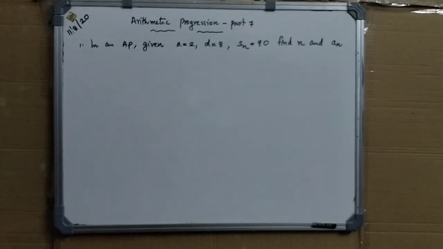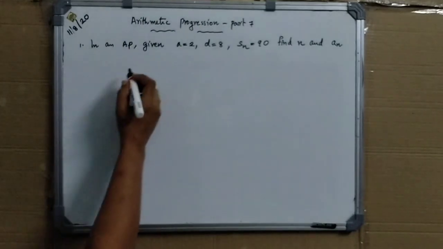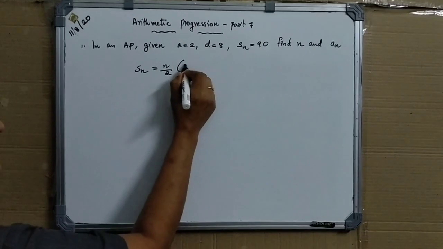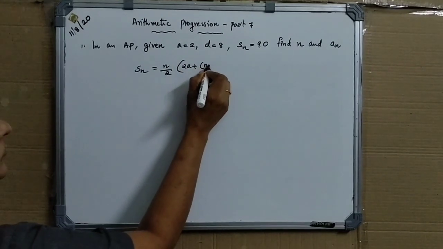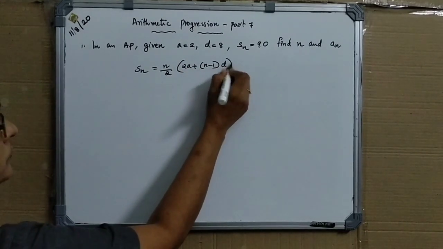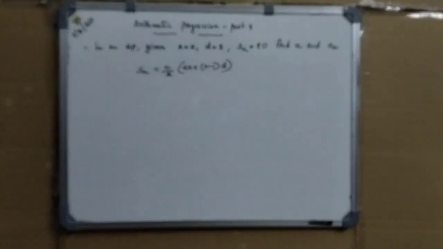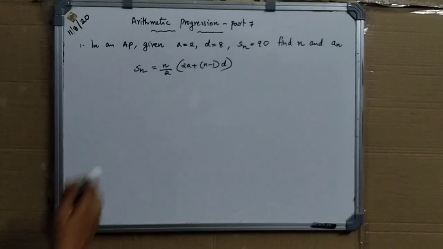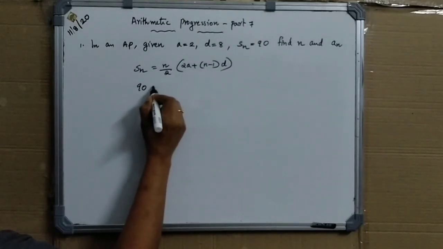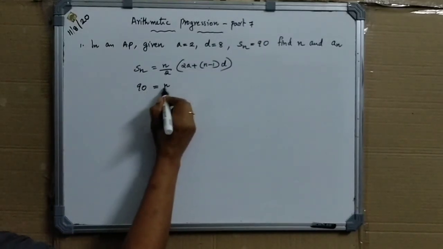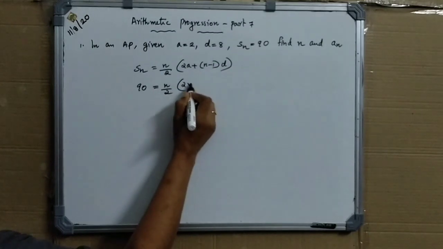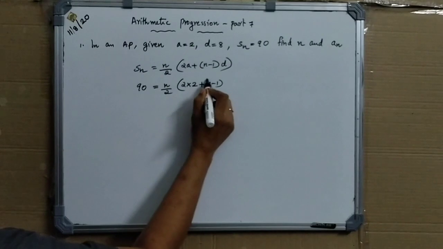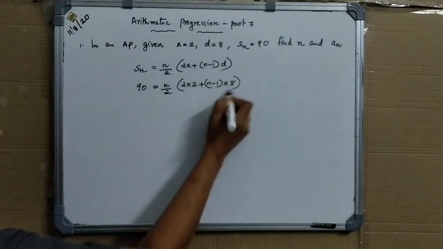So we use Sn equal to n by 2 into (2a plus (n minus 1) into d). It's given Sn is 90. So 90 equal to n by 2 into (2 into 2 plus (n minus 1) into 8), since a is 2 and the common difference is 8.